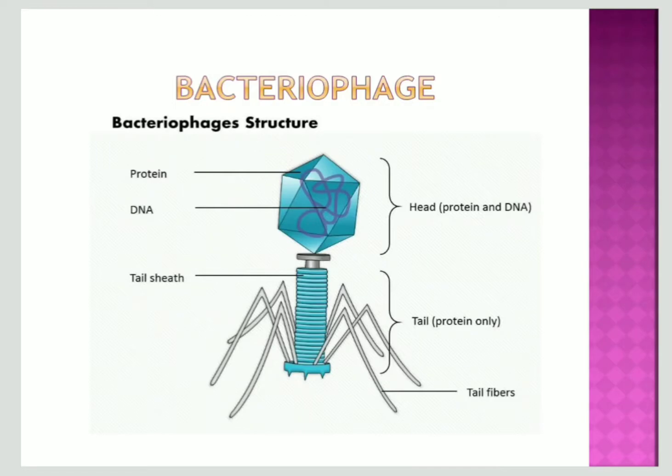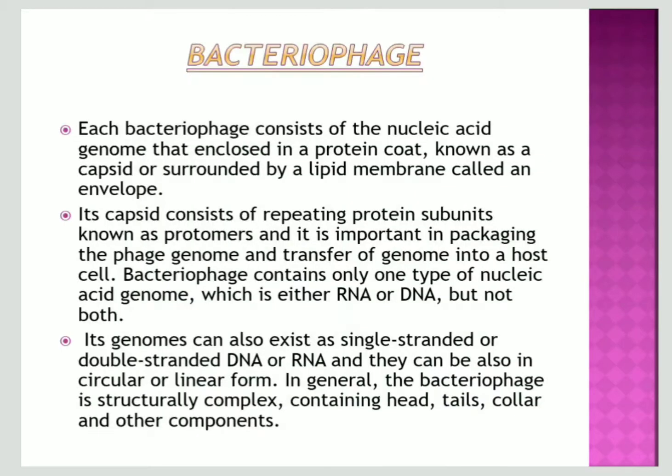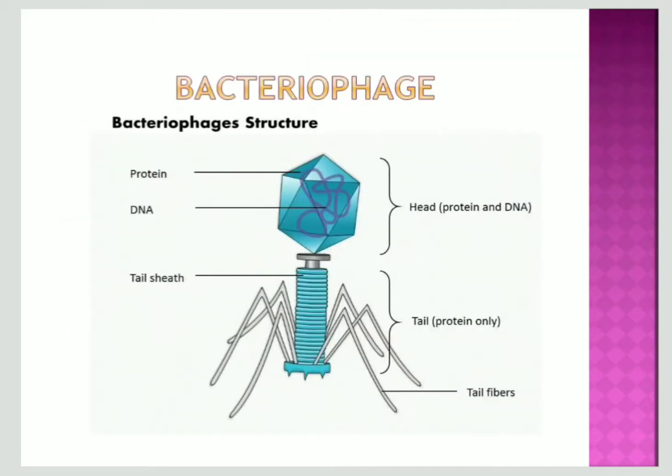They contain tail fibers; to infect the bacteria, they have to bind with it. Other components are also present to attach to the host organism. Mostly 6 tail fibers are present.